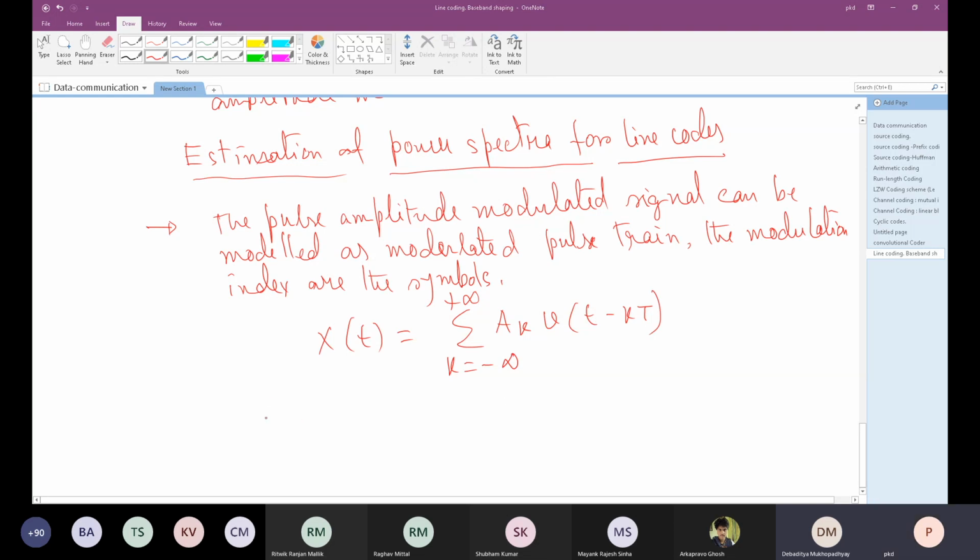Where a_k are the symbols, and when we estimate the occurrence, usually we take them as independently occurring random variables. So this is a discrete random variable.